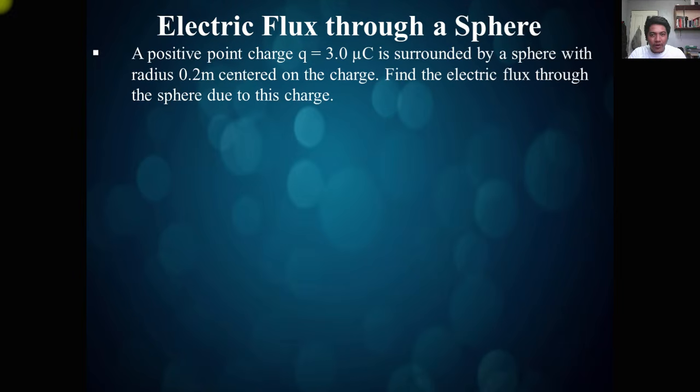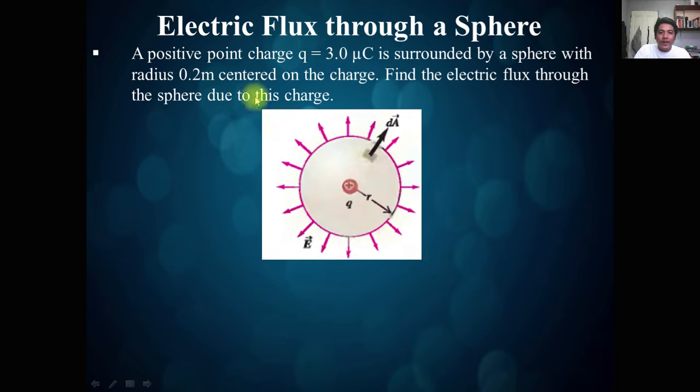So for now, find the electric flux through the sphere due to this charge. We have a sphere, and inside the sphere we have this positive charge of 3.0 microcoulomb. And of course, what do we have if we have a single charge?